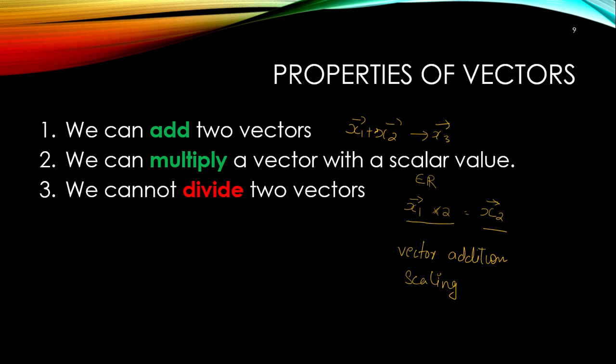And we cannot divide two vectors or multiply two vectors. So multiplication and division are not possible with vectors. Always keep in mind that we can add two vectors, and we can multiply a vector with a scalar value.